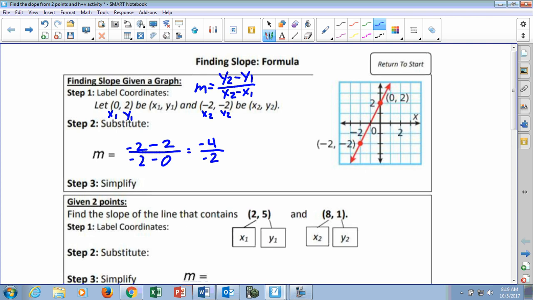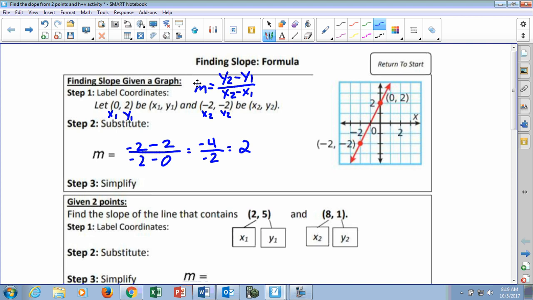So when I have negative 4 over negative 2, what can that simplify to? Negative 4 over negative 2 is 2, right? Because you've got a negative over a negative, which is a positive, and 4 over 2 is 2. So our slope here is 2.